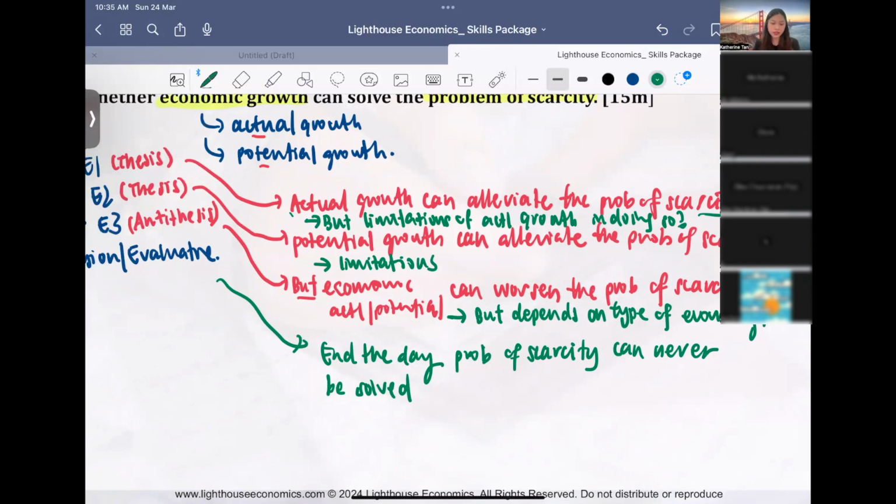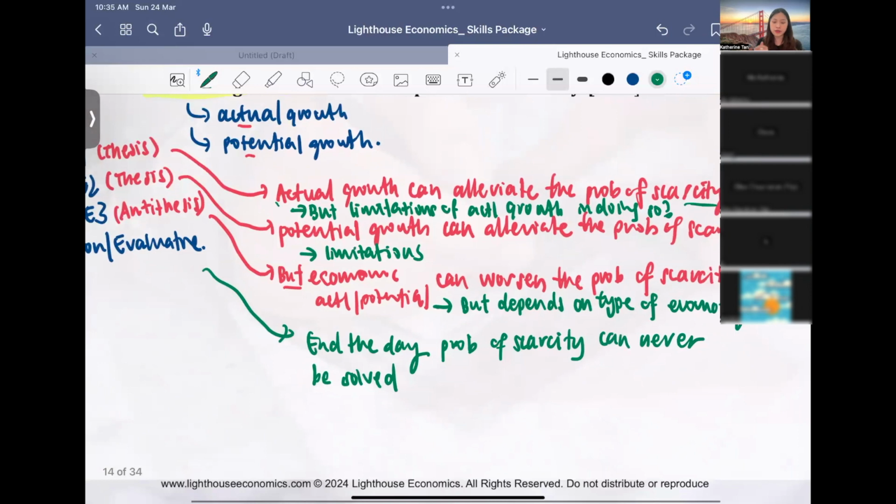So why does it depend on the type of economy? For some economies that have high growth, maybe very high growth and large income inequality, like for example China, this will become a significant problem. But if you think about some countries, maybe Singapore, this is unlikely to happen as much. Although Singapore has income inequality, we have high social security.